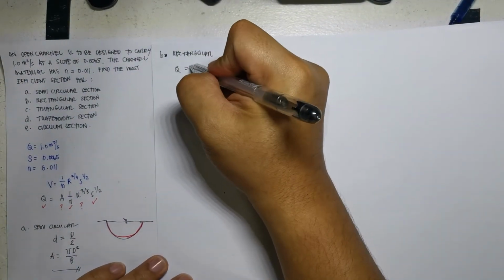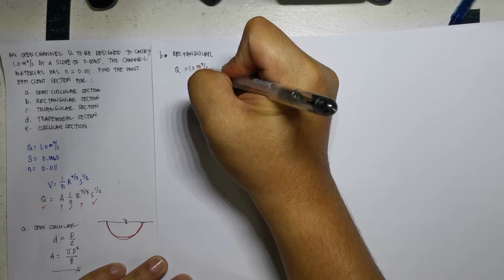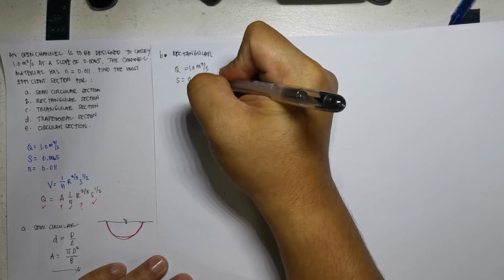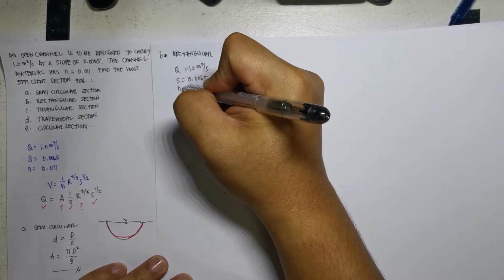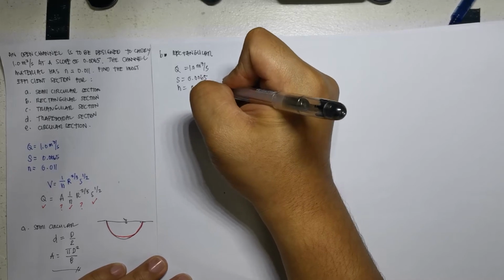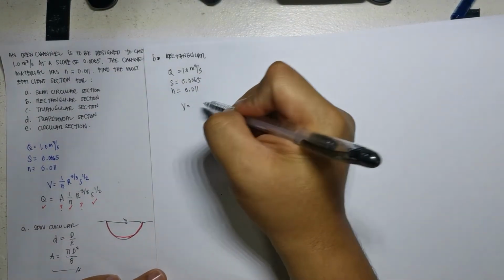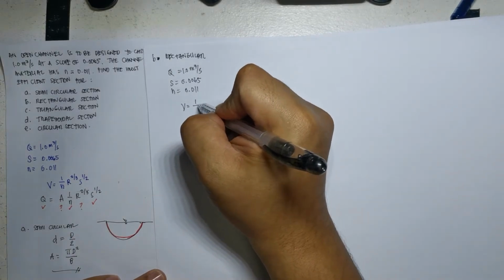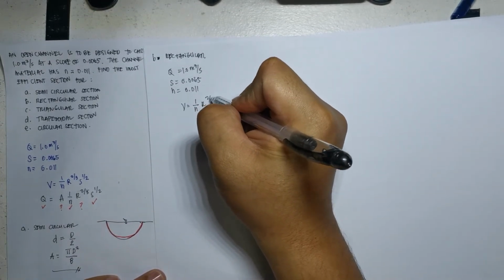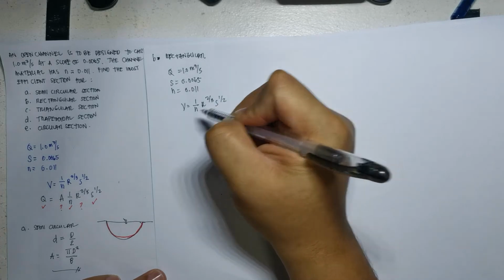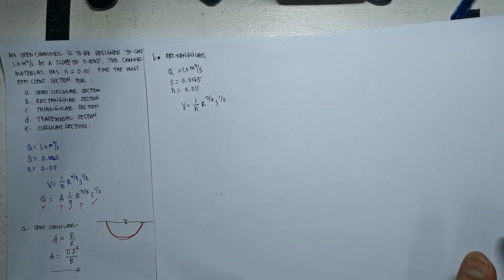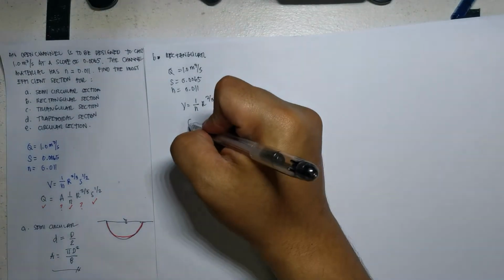That will be Q is equal to 1.0 cubic meter per second. S is 0.0065. N is equal to 0.011. Then, ganun pa rin yung formula na gagamitin natin. V is equal to 1/N R raised to 2/3 S raised to 1/2. Q is equal to AV.